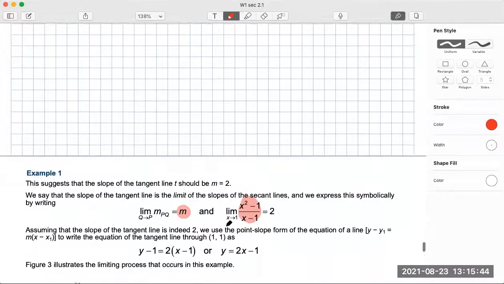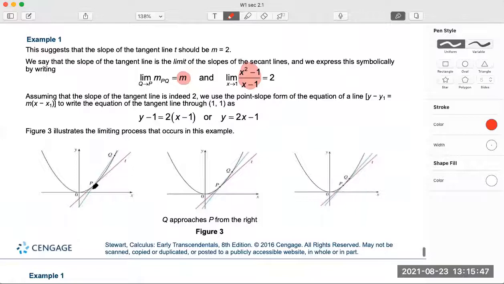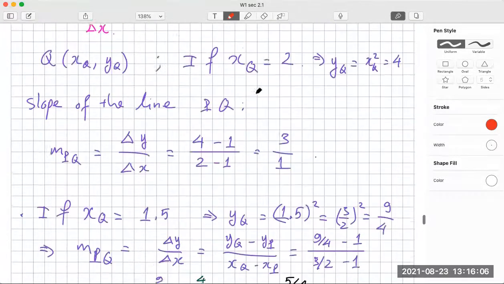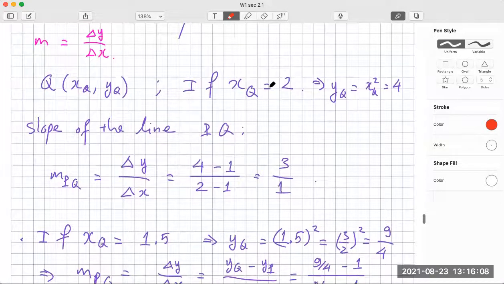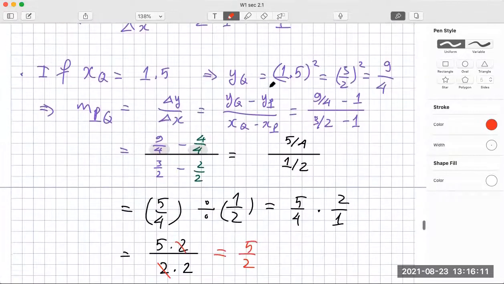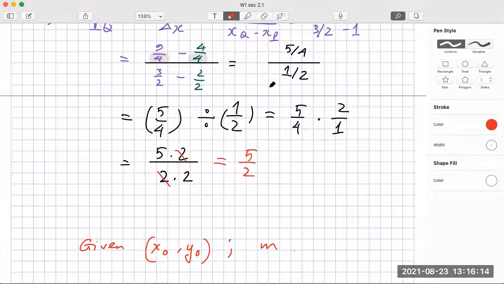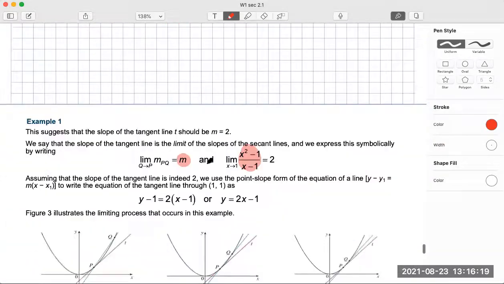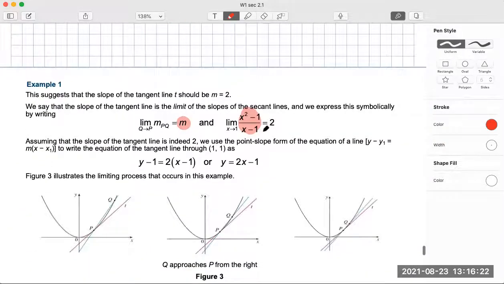Very good. So then, if we're given the point P here, x_p is 1, and y_p is 1, then somehow we compute the limit of this fraction and it is equal to 2. You can check it by reducing, okay, we have done here. When Q is equal to 2 and then Q is equal to 1/2, if you check Q is 1.1, for example, and 1.01, you will see that the slope will approach 2 here.